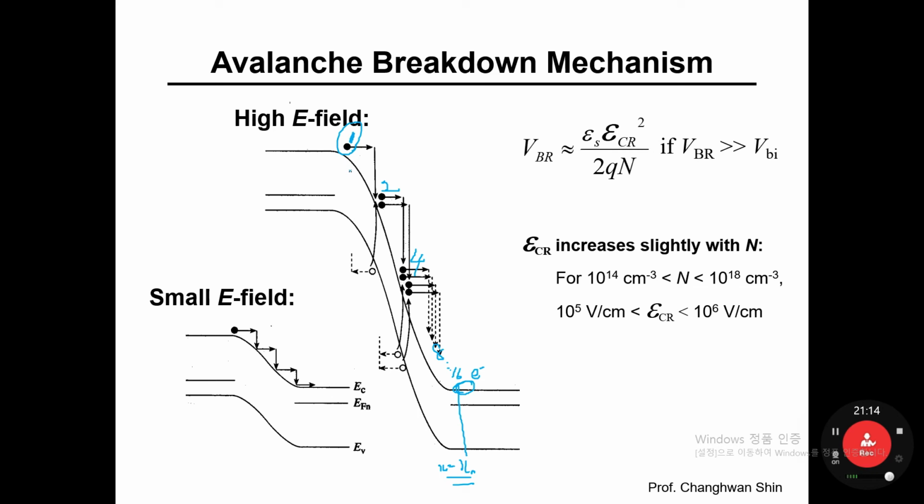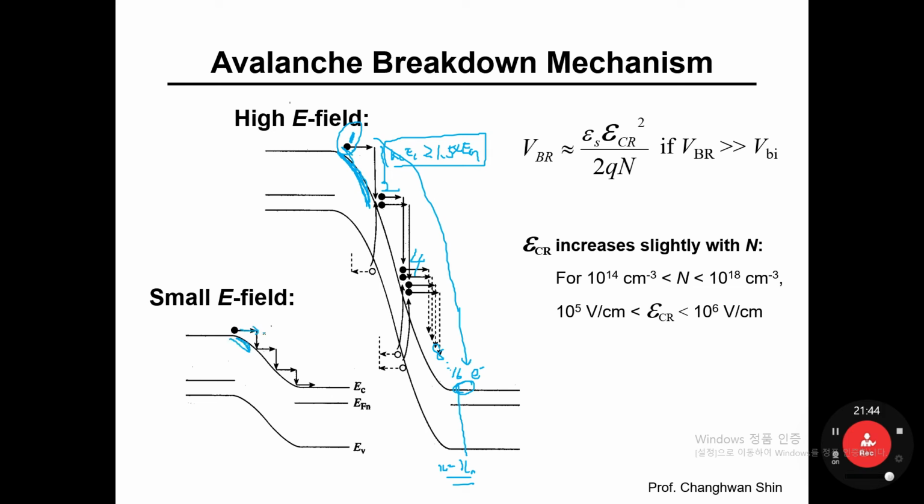So what is the minimum requirement for this breakdown mechanism to happen? Yes, the kinetic energy here should be higher than 1.5 times the bandgap energy. So to meet this requirement, the band bending should be very large. As shown here, the band bending is very small.